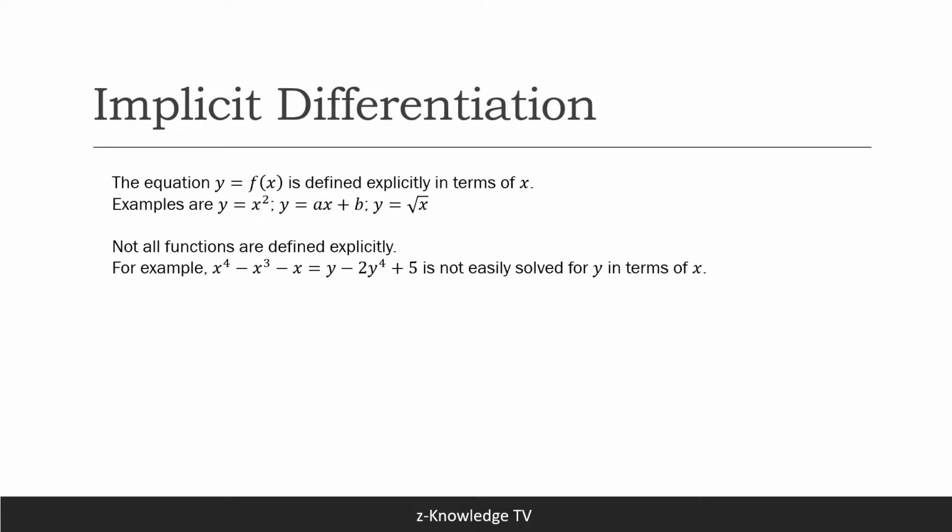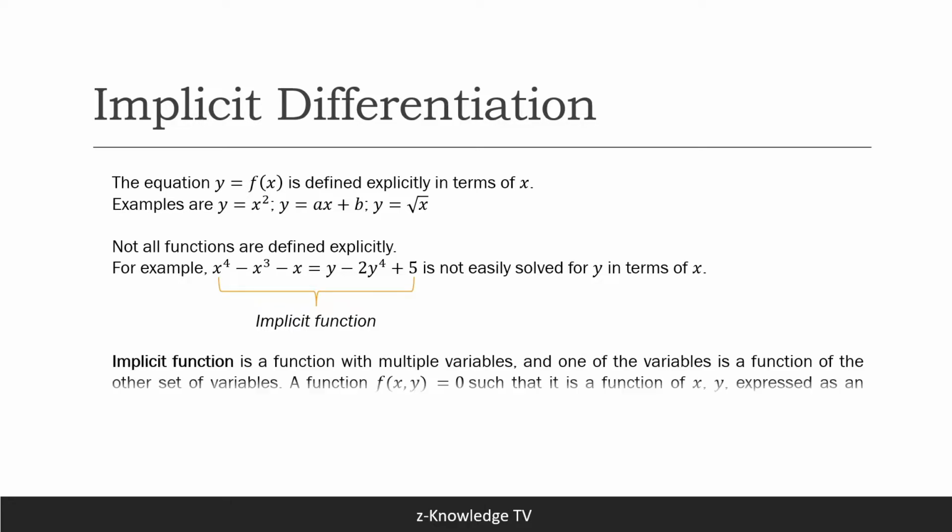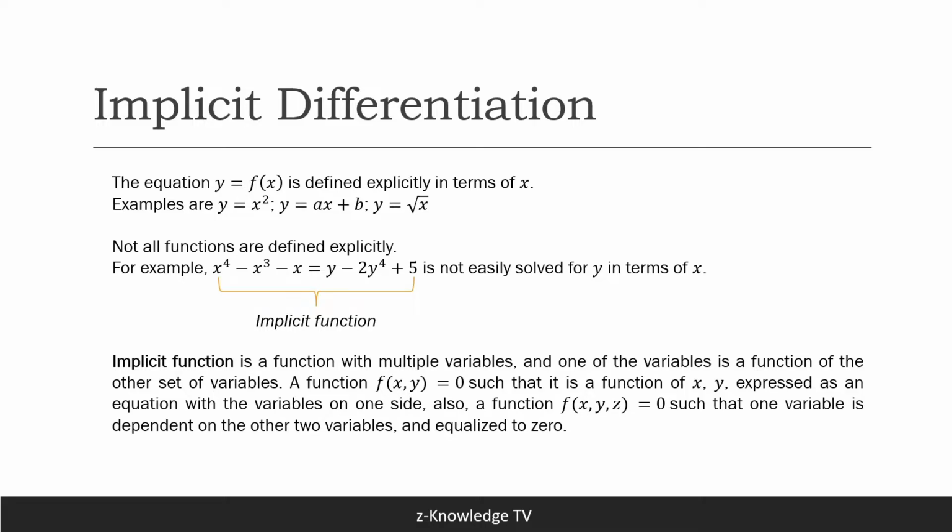It's not easily solved for y in terms of x. So, ano ba kasi itong equation na to? So, equation na to is tinatawag naman na implicit function. Okay? So, ano ba itong implicit function? Implicit function is a function with multiple variables, and one of the variables is a function of the other set of variables.